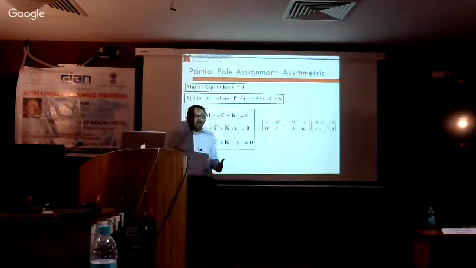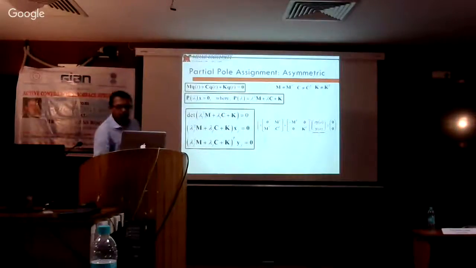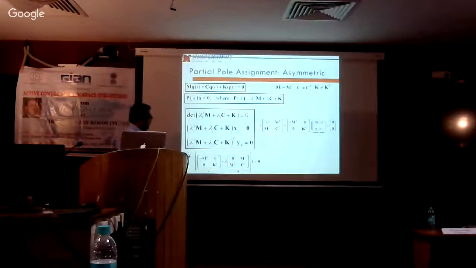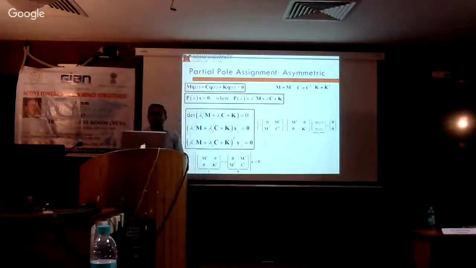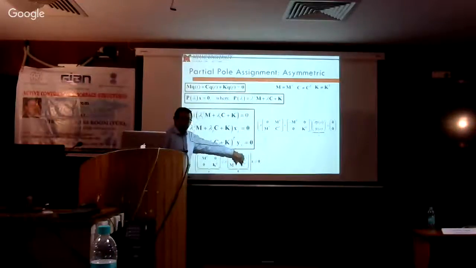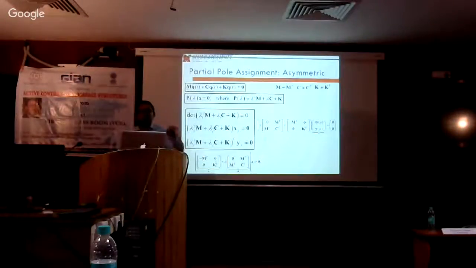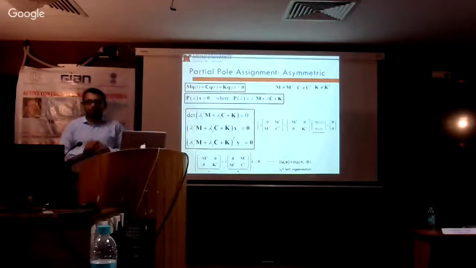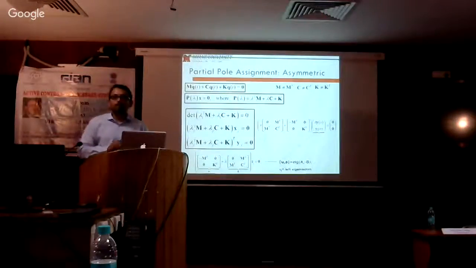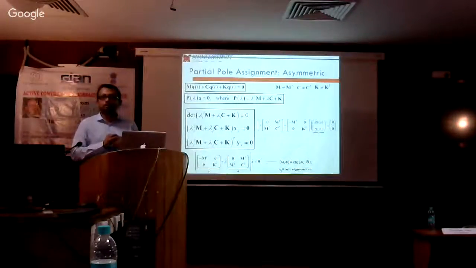So its corresponding eigenvalue problem will be matrix A plus lambda B equal to 0. Now, in MATLAB, if I am using the eig command, eig A comma B, it will give me the eigenvectors which are the left eigenvectors. Okay? Make sense? Yes.